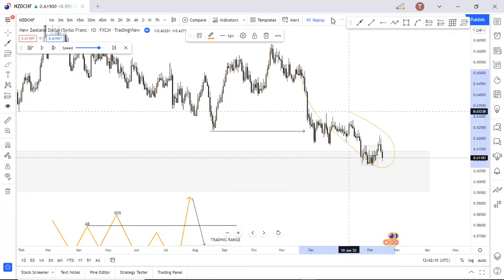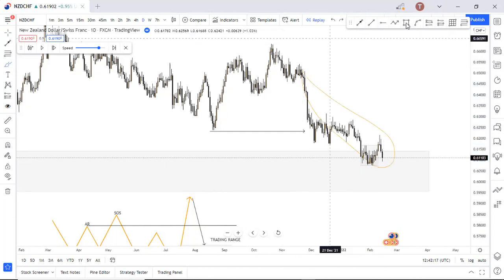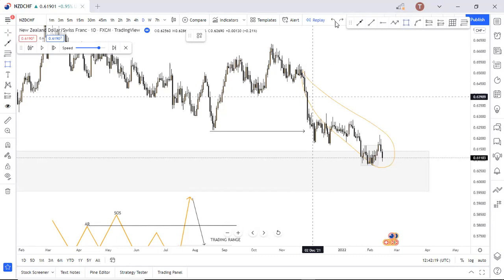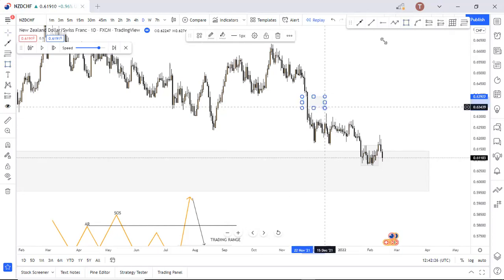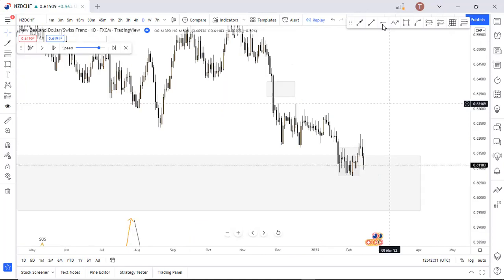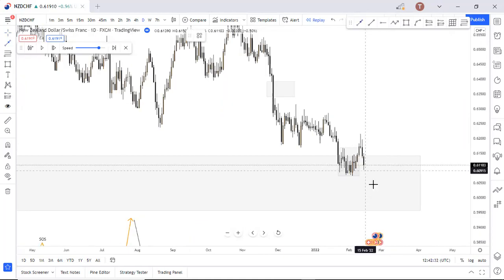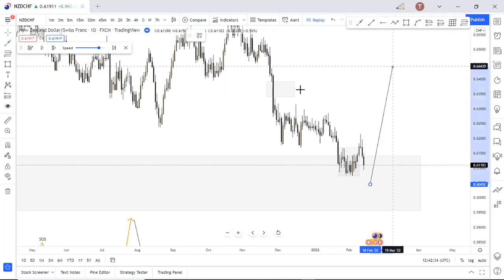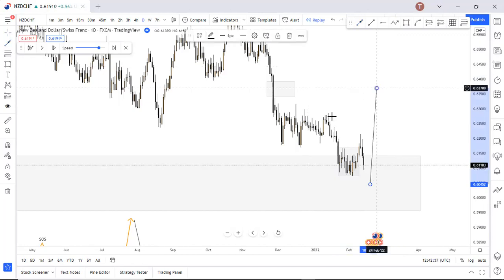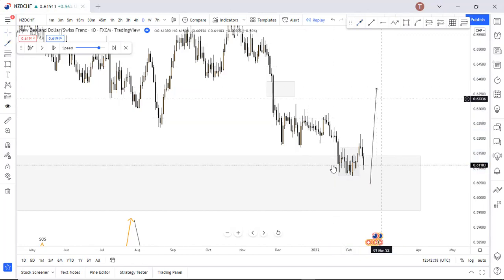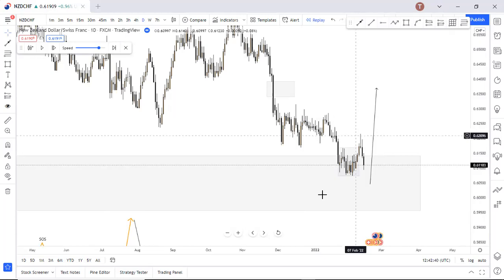As you can see, price left a big leg of imbalance here, and imbalance left behind on every price action. So in the future, we know price will definitely react off this zone to come back to fill this up. But we can't just enter off this daily demand zone.